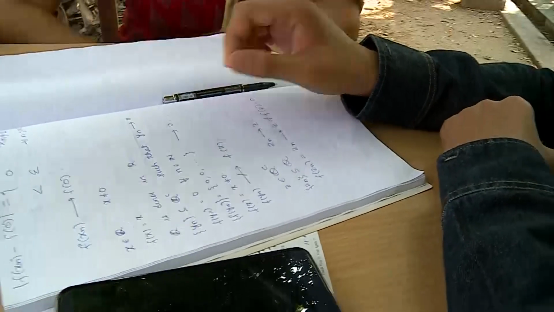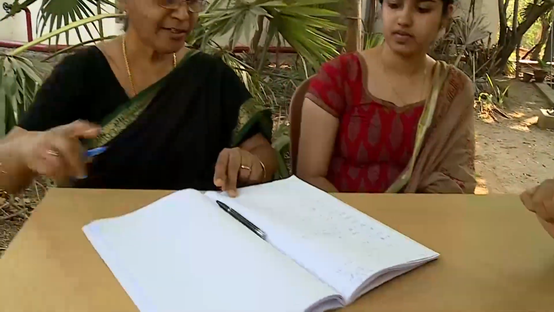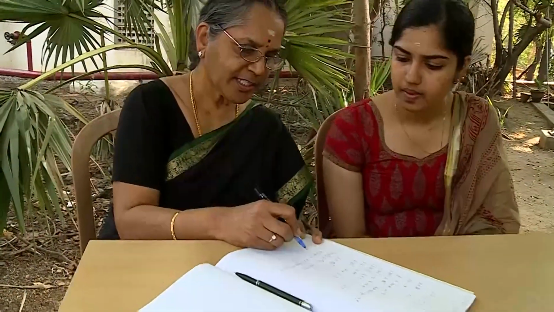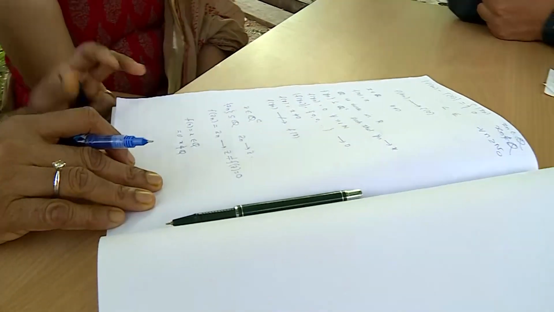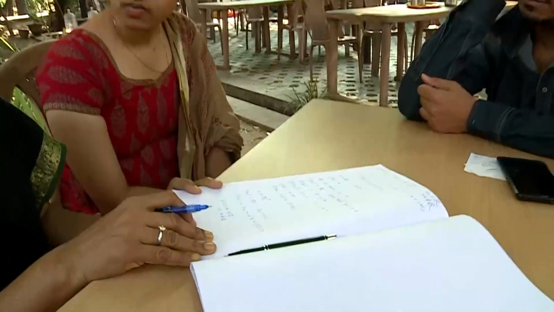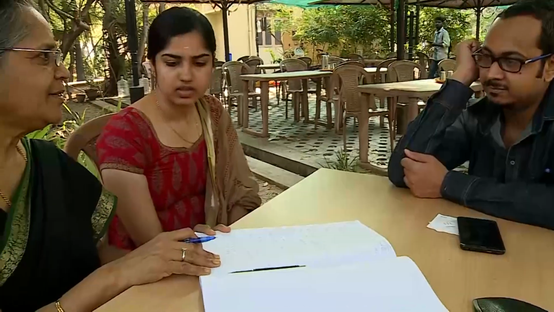So, coming back to the function, you see that this function f defined by f of x equal to x for x in rationals, and 0 for x not in rationals, is an example of a function having uncountably many discontinuities. Right?